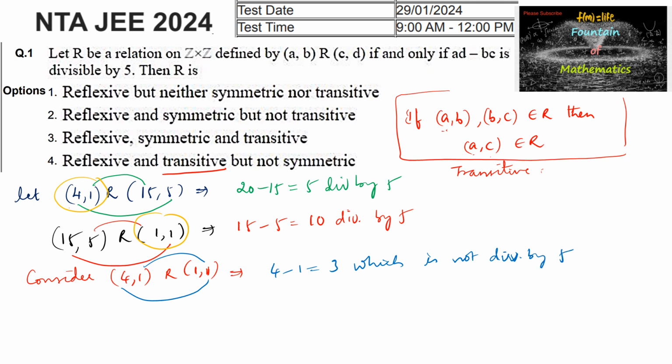And hence we can say that A is related to B and B is related to C, but A is not related to C. So (4, 1) is not related to (1, 1), and hence we can say that the relation R is not transitive.